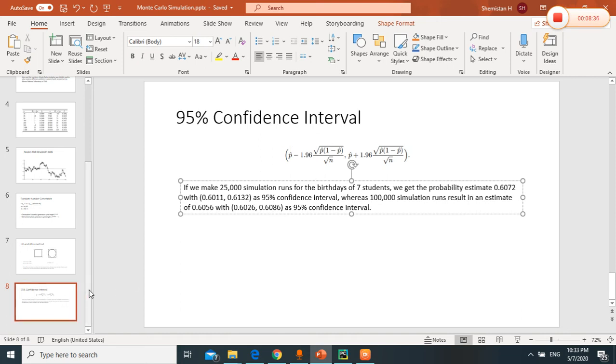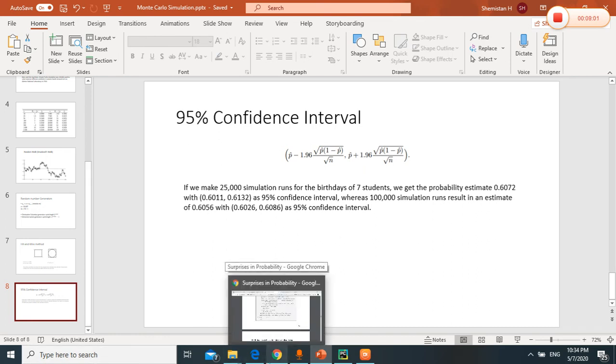Then at the last part, let me talk about the Monty Hall dilemma. The Monty Hall dilemma became very famous after Marilyn, whose name I forgot, took on the three-door problem in the TV show Let's Make a Deal.